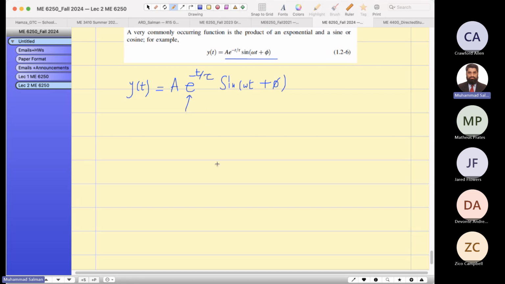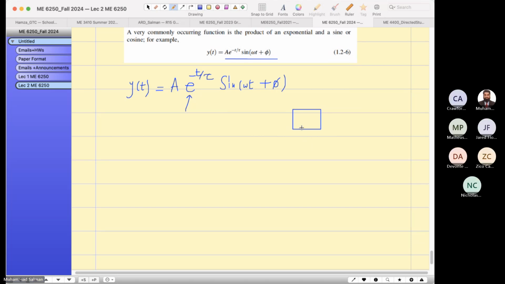So over here, if you have a mass, a spring, a damper, so if you want to plot it, it will be like mx double dot equals to minus cx dot.